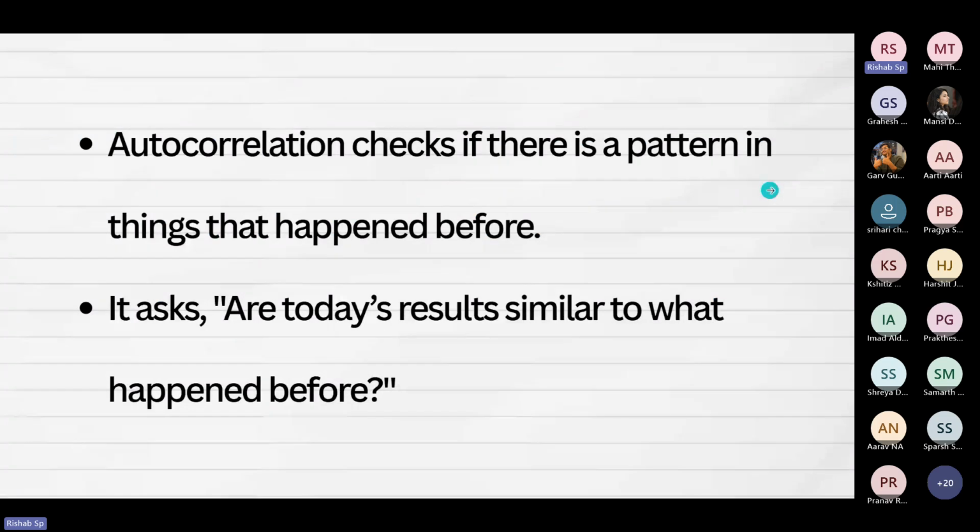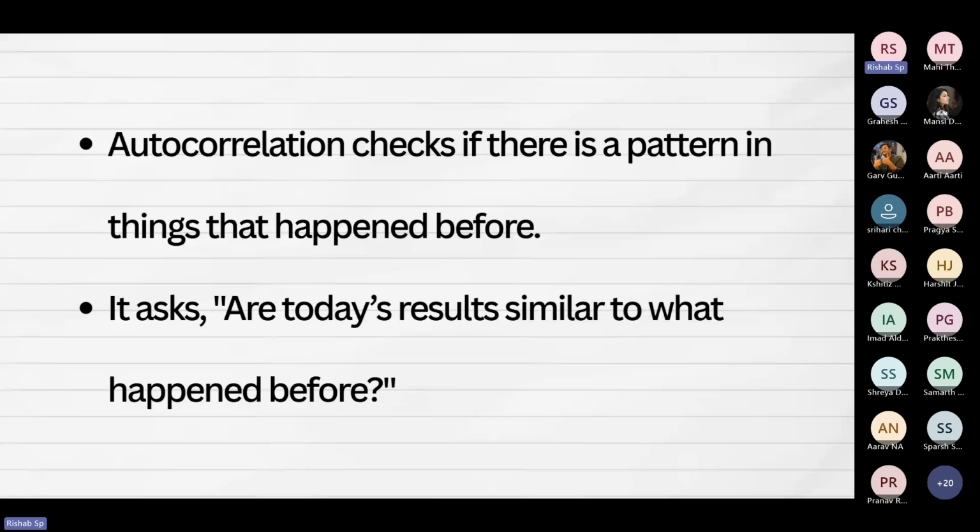Autocorrelation checks if there's a pattern in the things that happened before. We have data, and we are finding whether this data can be used to make a prediction.